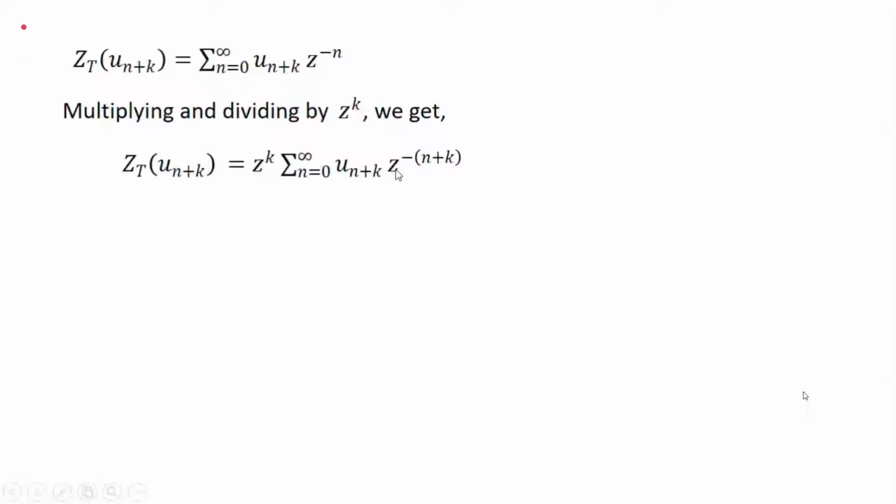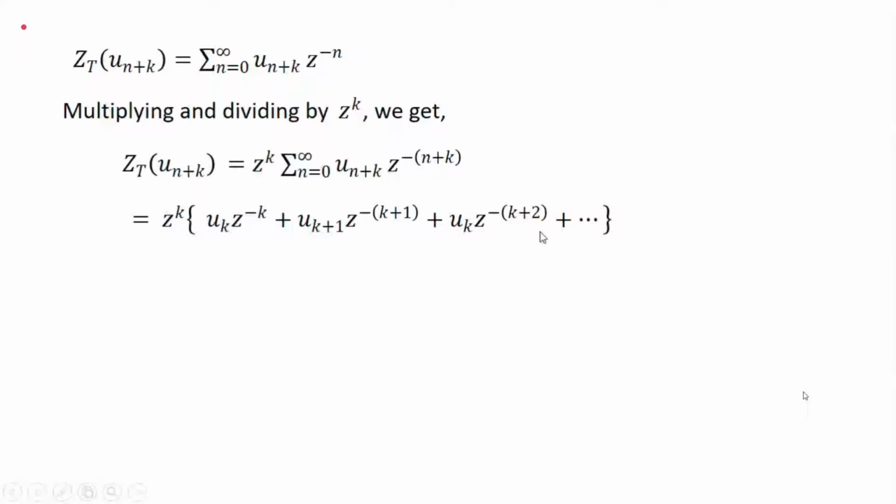So the z transform of un plus k by definition is this. What I will do is I'll multiply by z power k and I will multiply by z power minus k. Now this is what you have. So now when n is 0, it will be uk z to the power minus k. When n is 1, uk plus 1 z to the power minus of k plus 1 and so on.